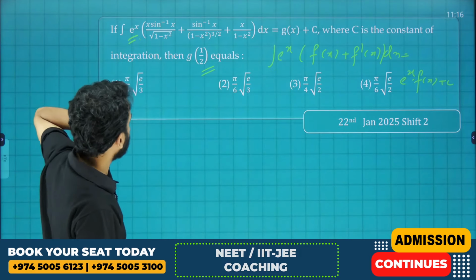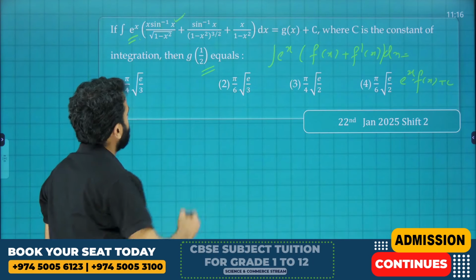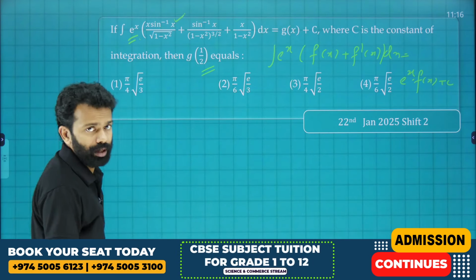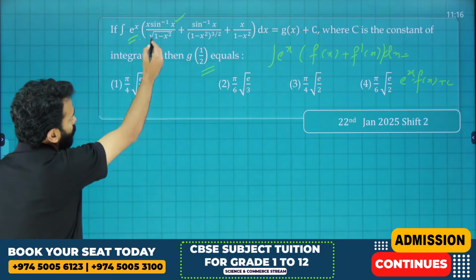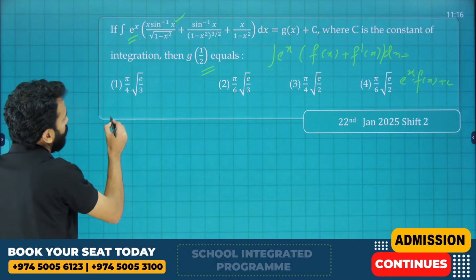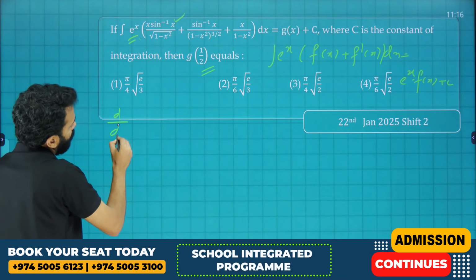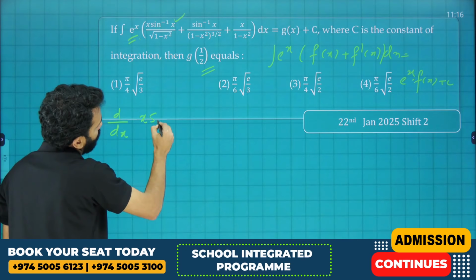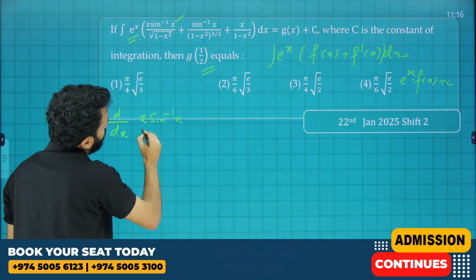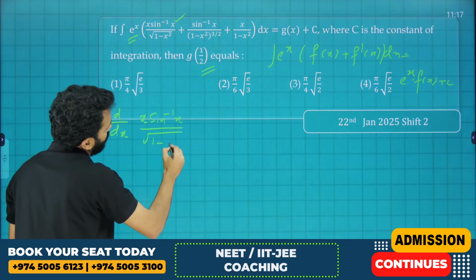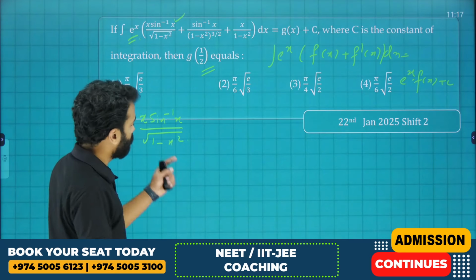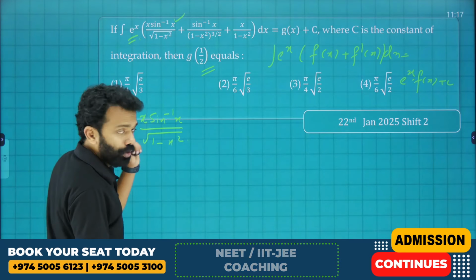Let's go for this one, x sine inverse of x divided by root 1 minus x square. What is the derivative of that? That is d by dx of x sine inverse of x divided by root 1 minus x square. You need to apply product rule and quotient rule here.